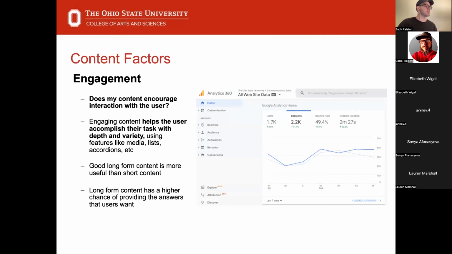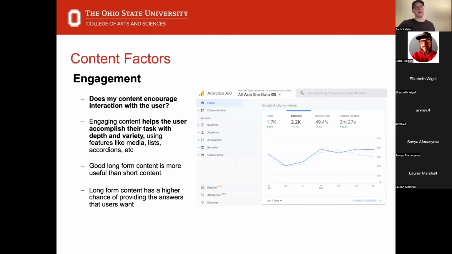Engagement. This ties into what we covered earlier, but essentially when we're thinking about engagement, we want to keep in mind: is my content encouraging the user to interact with my website? Engaging content helps the user accomplish a task with a lot more depth and variety, and it involves using a little bit more of the tools that Drupal has available.